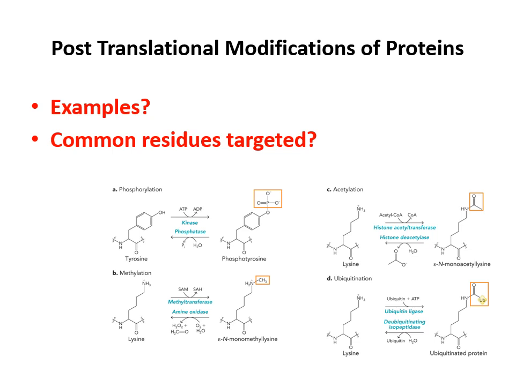Now, some of the common modifications include things like phosphorylation that you see here, methylation, which is over here, acetylation, ubiquitination, even things like glycosylation and lipid modification, sort of like the conjugated proteins that we just looked at a moment ago.